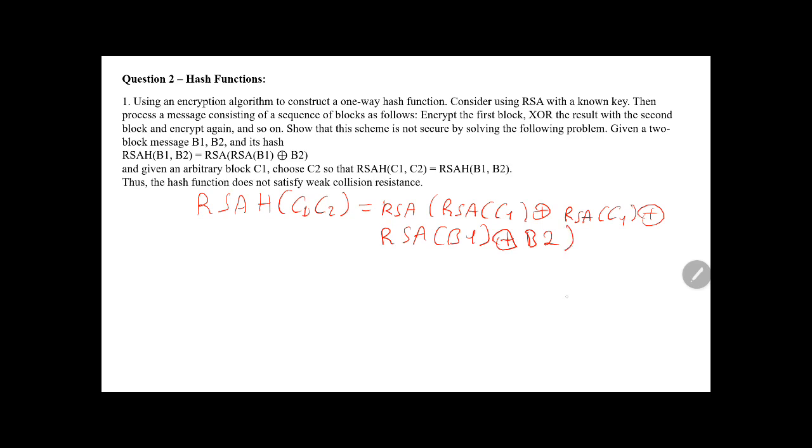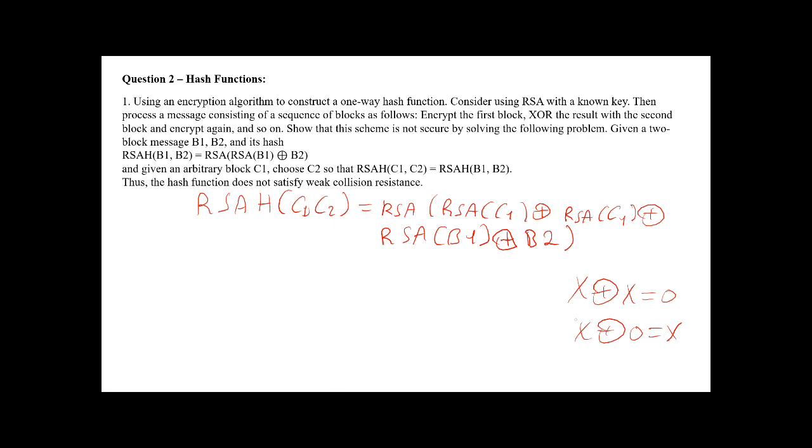Okay, so a fact that we should know here, that an X XORed with X is equal to 0. And X XORed with 0 is equal to X. So if we have two things here that are XORed with each other, we can cross them out basically.